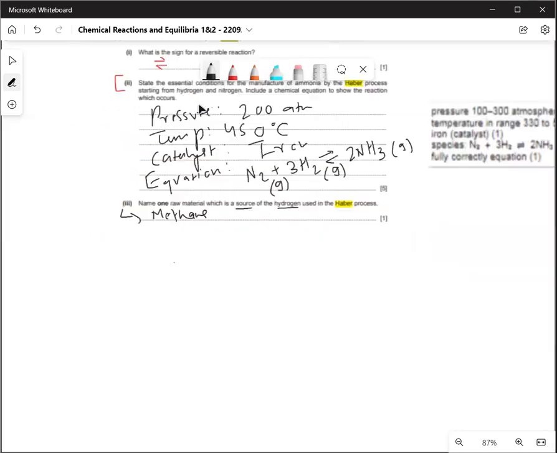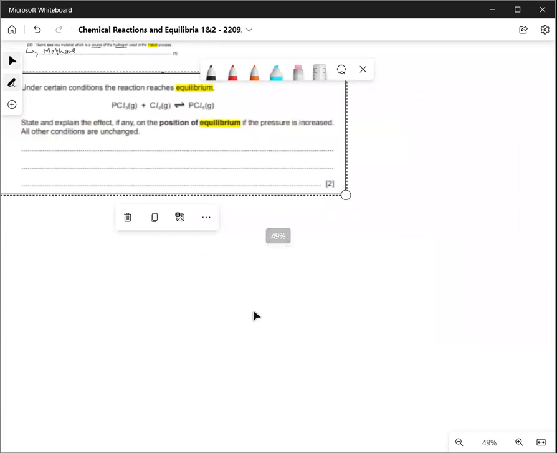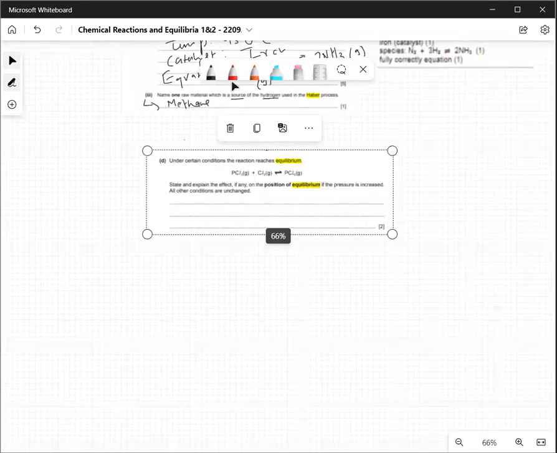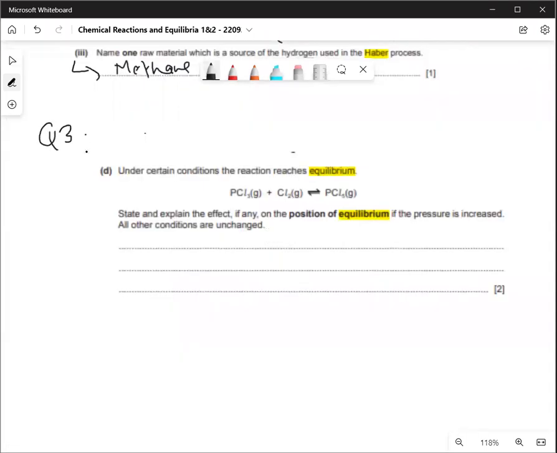Now read this question on the board. Question 3. Read the question. Under certain conditions, the reaction reaches equilibrium.